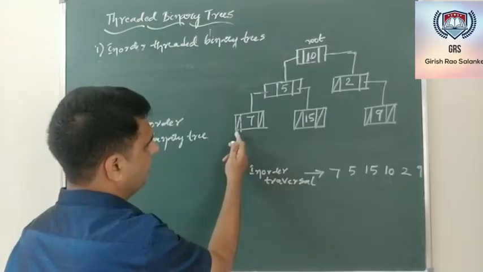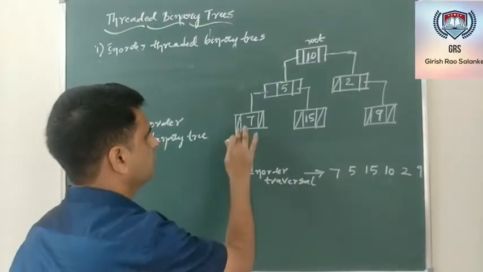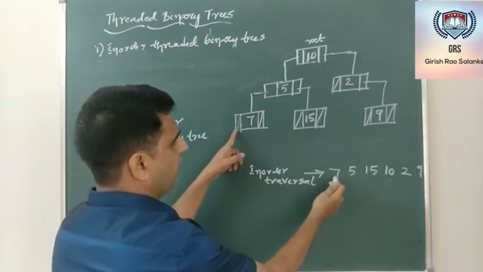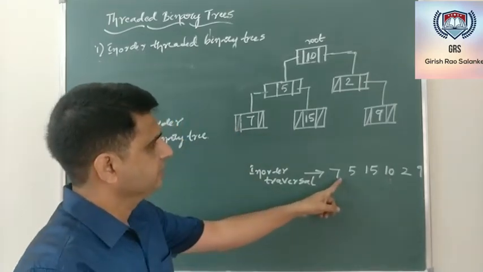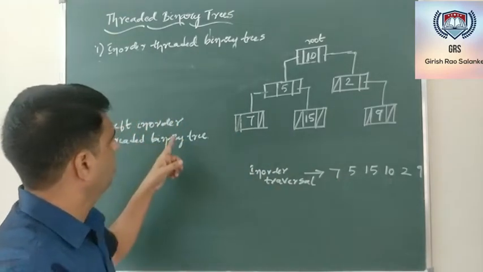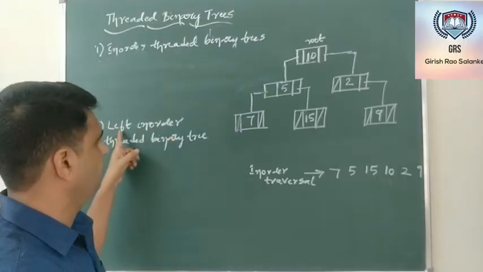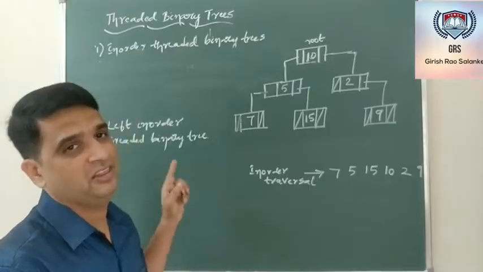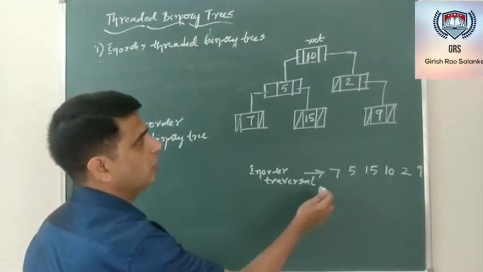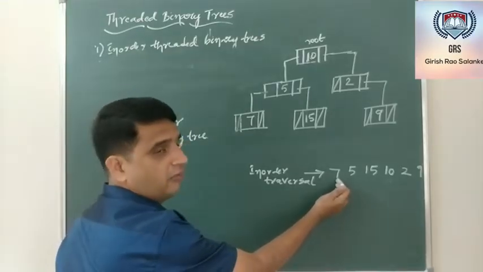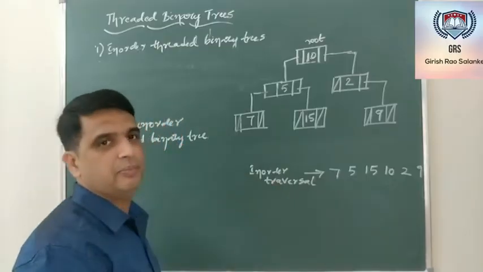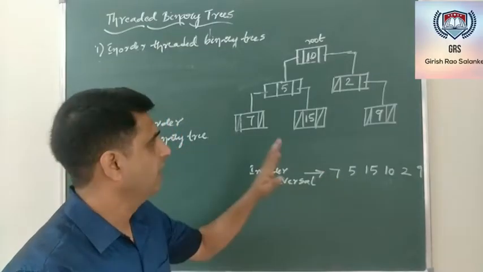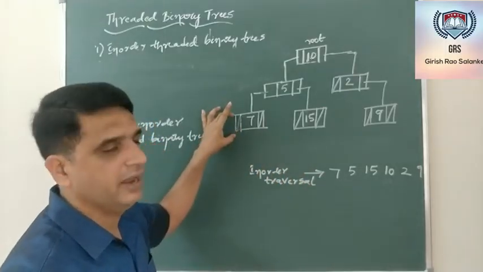Wherever there is null in the left address, I have to change. So left of node 7. In case of left, I need to store the predecessor. So which is the predecessor of node 7? Node 7 does not have any predecessor at all. Right now, don't store any address here.